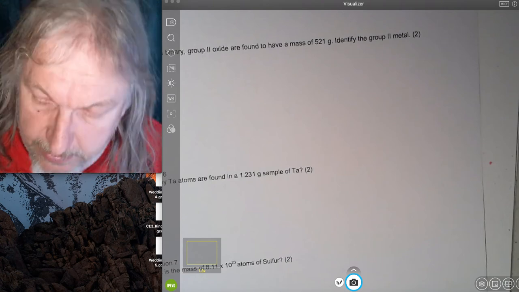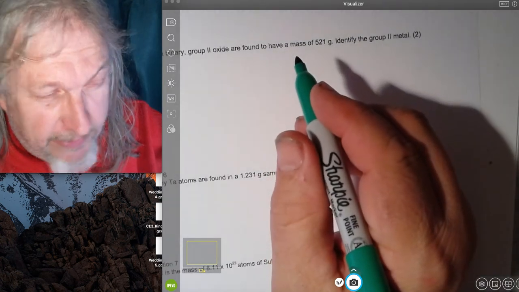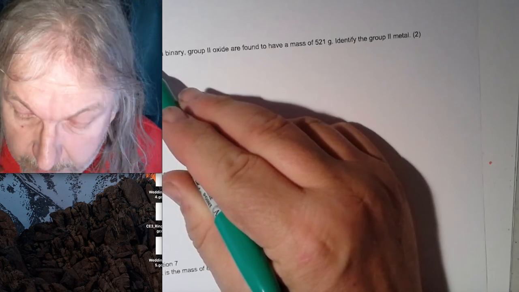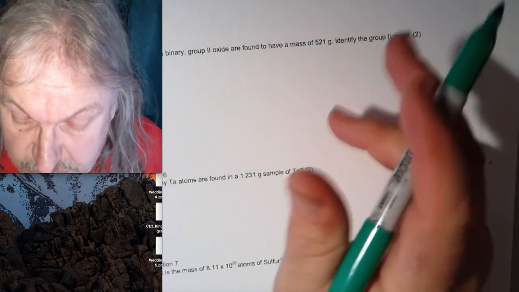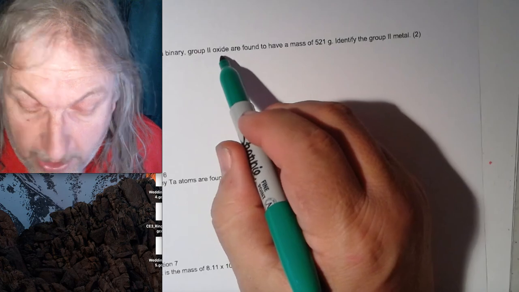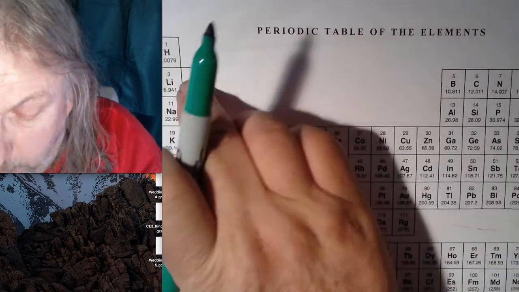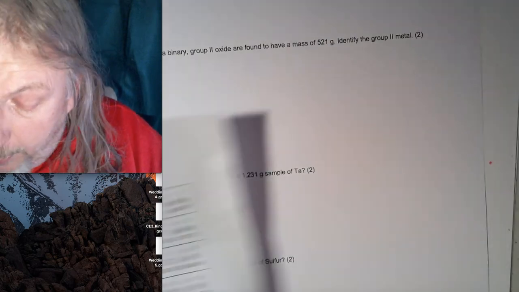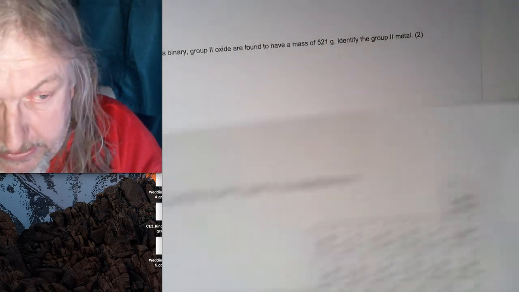Let's see. So I've got to use some sense here. So it's 5 moles of a binary group 2 oxide, so it's got to be one of these in group 2. And it's an oxide, so it has an oxygen.